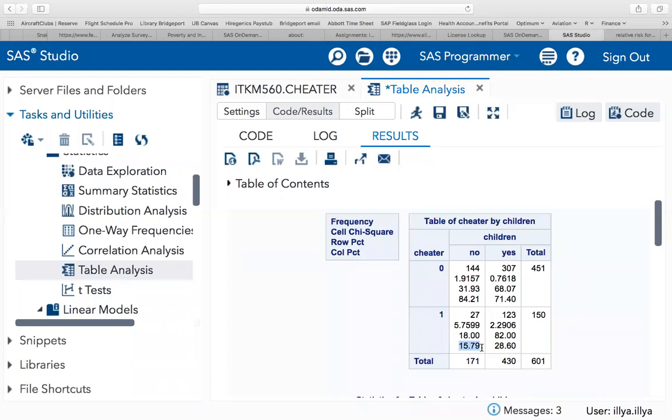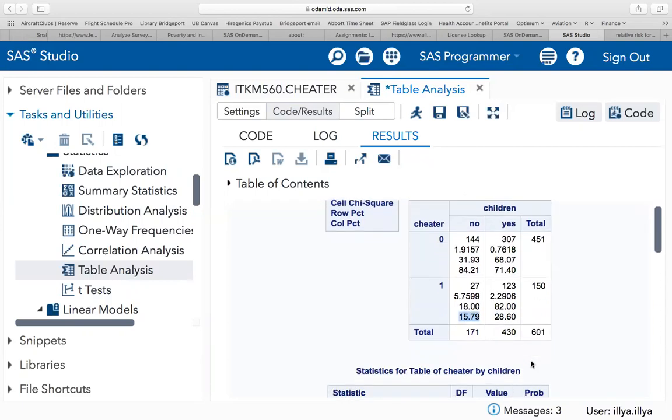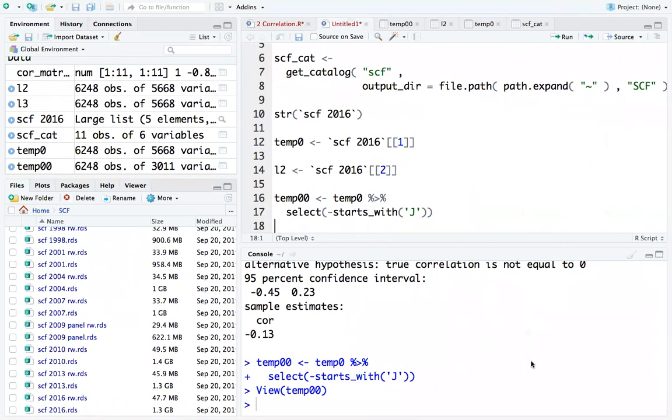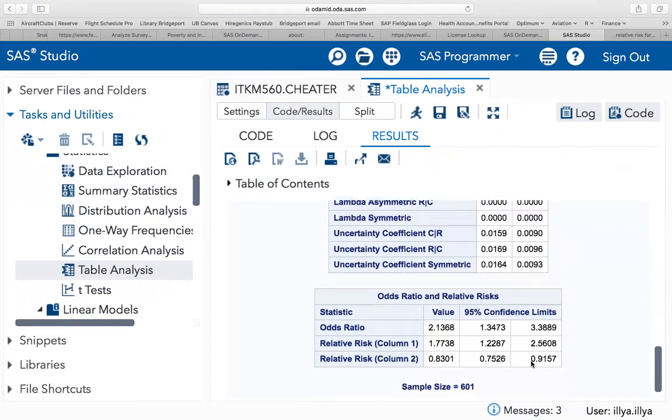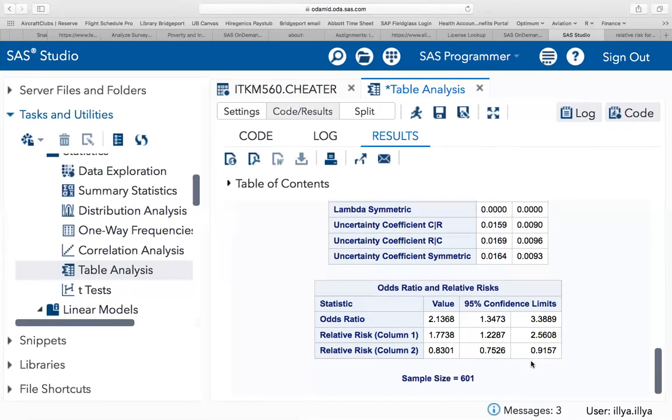That's the risk of cheating if you don't have children. The risk of cheating if you do have children is 28.6. The relative risk relative to each other, you would divide this divided by this. Okay? Again, the way relative risk is calculated here just depends on how things are set up. 1.7, 0.8.